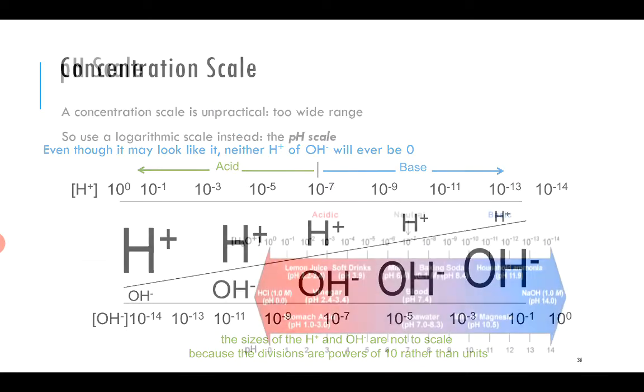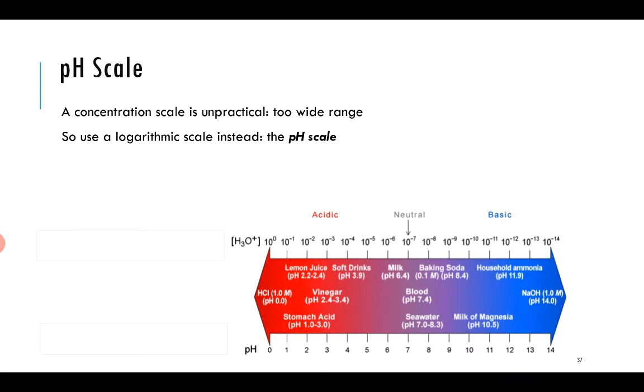And so sometimes we kind of want to talk about things where it's not written in scientific notation. And so that's why scientists have invented this pH scale. The concentration scales are huge, like 10 to the minus whatever power.